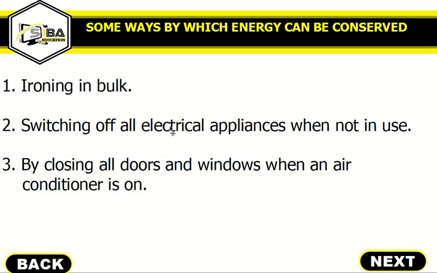So at home, if you are not using the television, don't waste electricity. You have to switch it off. 3. Closing all doors and windows when an air conditioner is on. I hope you can add several others yourself.